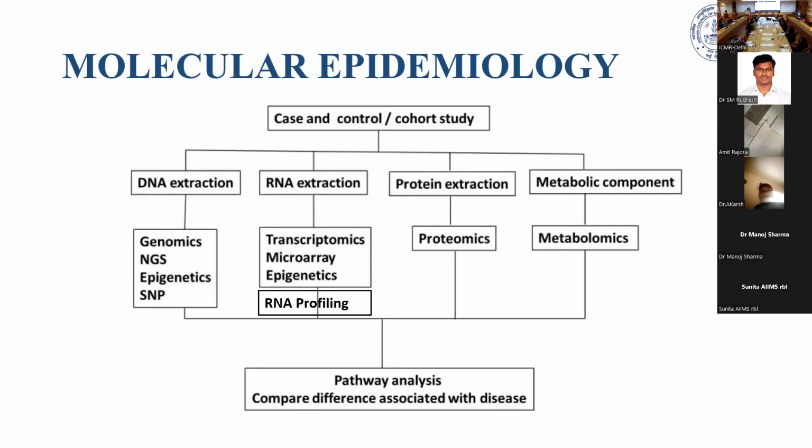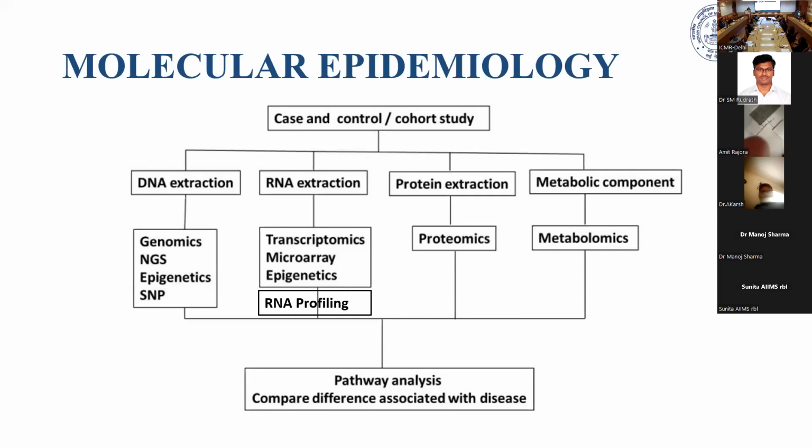Otherwise, if you already have some existing data, you can look at microarray, or you can look at the specific transcription of the molecules. The most commonly employed one is the protein, for which we have proteomics. And nowadays, we are also looking at other components which come under the heading of metabolomics. So these are some of the different aspects of the markers. Based on that, you will have the different techniques.